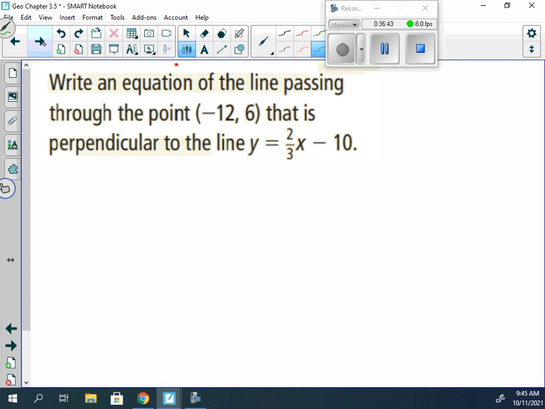Let's look at this one here. Write an equation of a line passing through the point -12, 6 that is perpendicular to the line y equals 2/3 x minus 10. So did the equation that they gave us come in the form of y equals mx plus b? Yes. So that means the original slope for this line is what? 2/3.